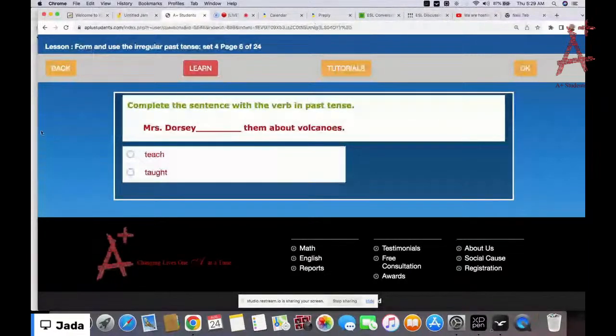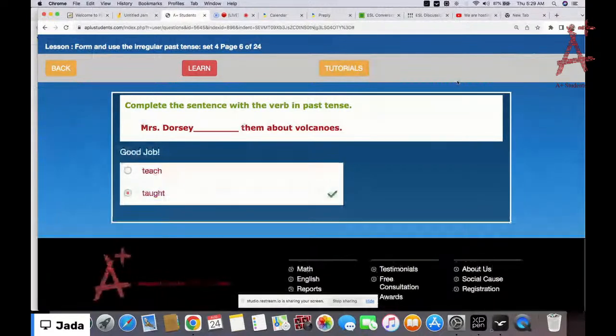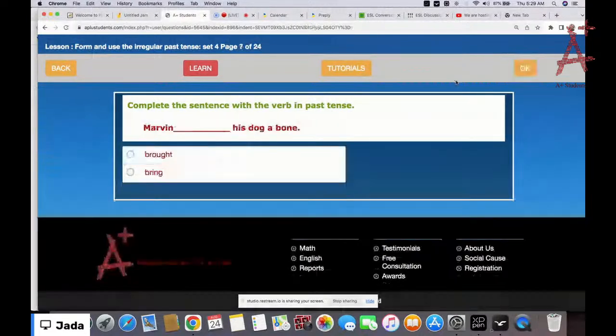So is what taught them about volcanoes. Okay. Then Marvin bought his dog a bone. Right?